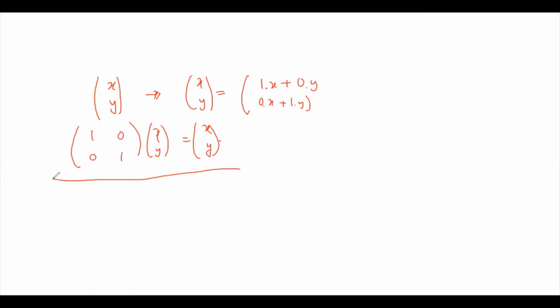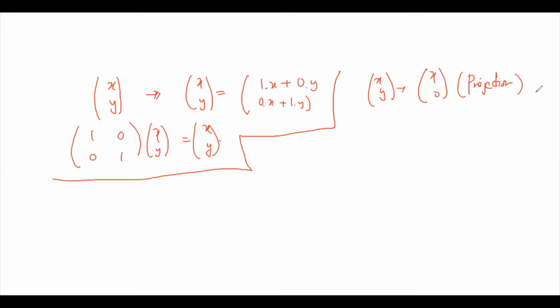Let's take another example. Let's say xy goes to x0. This is called projection. So how do you represent the 2 by 2 matrix? Remember again, this x is nothing but 1 times x plus 0 times y. There is no y here. And here it is 0 times x plus 0 times y.